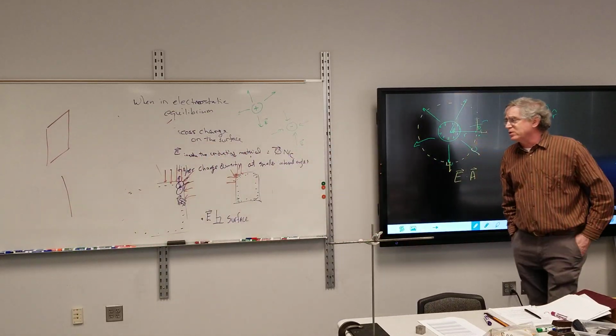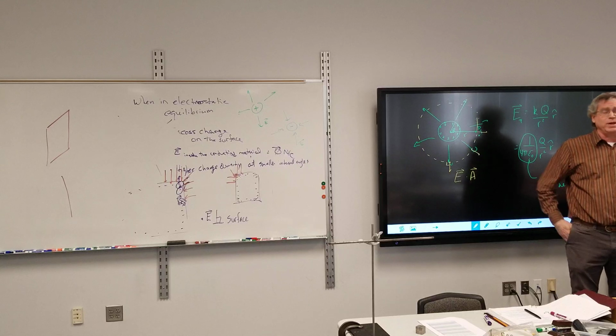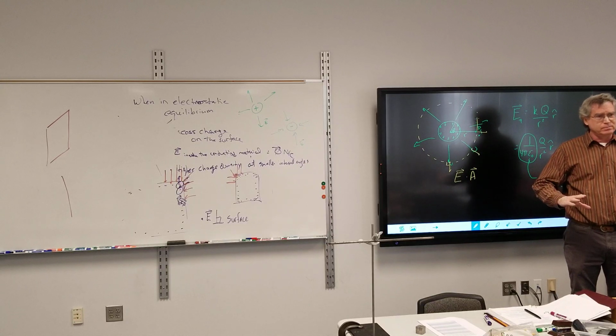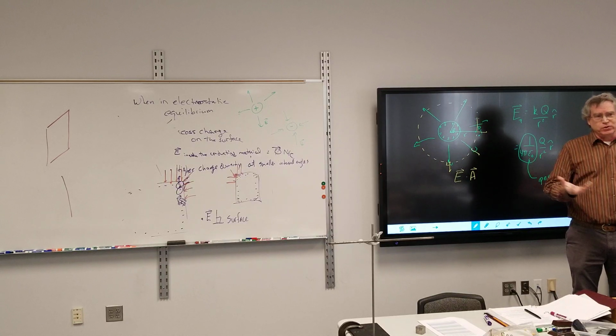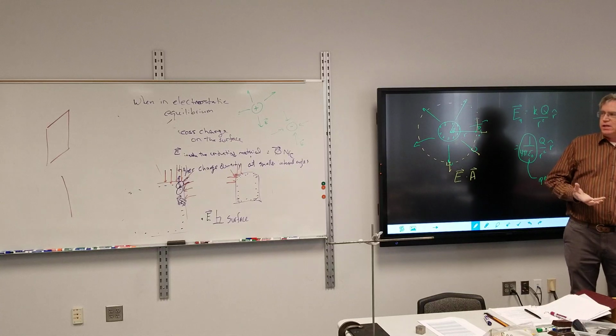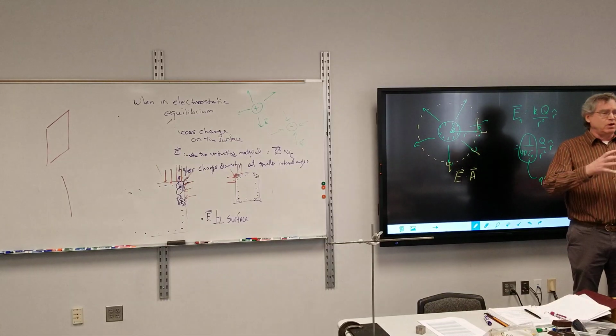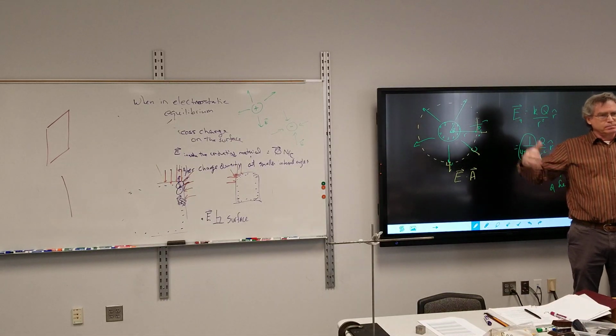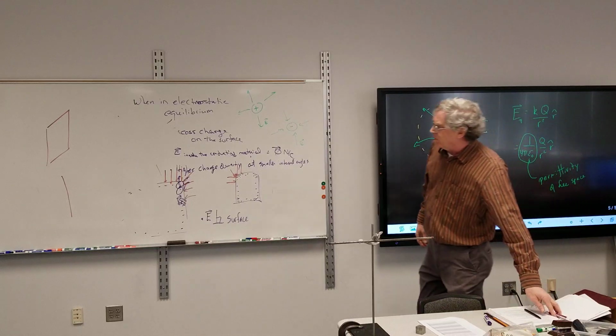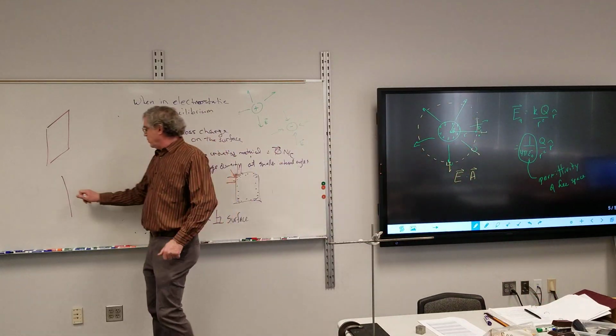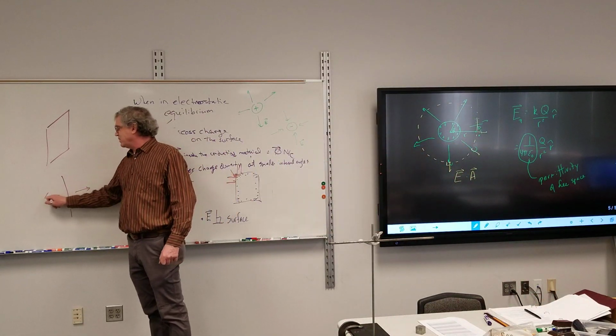So if I have a two-dimensional surface, my area vector could point in one of two directions. If it's a three-dimensional surface, the convention is, the powers that be said, it is always towards the outside. So that is my area vector, or that is my area vector.